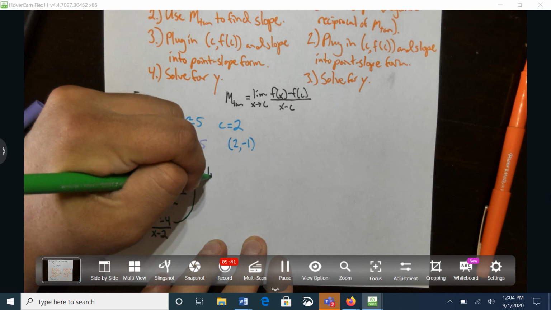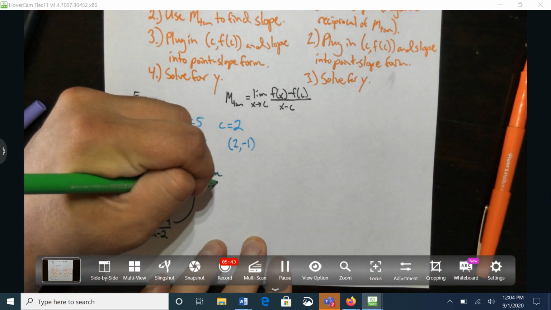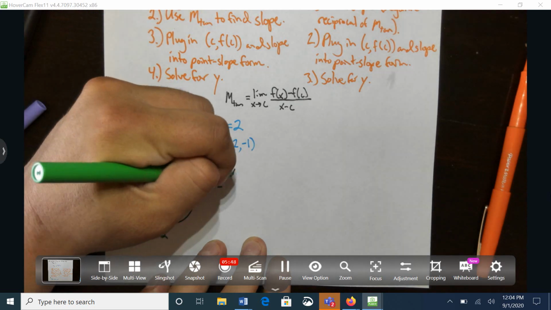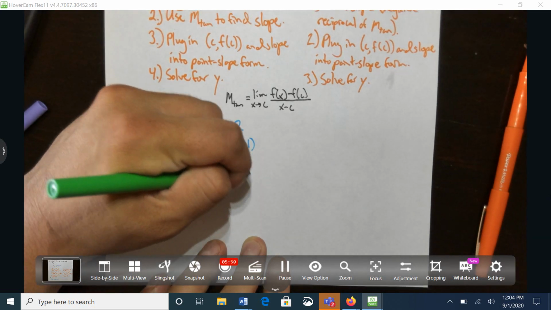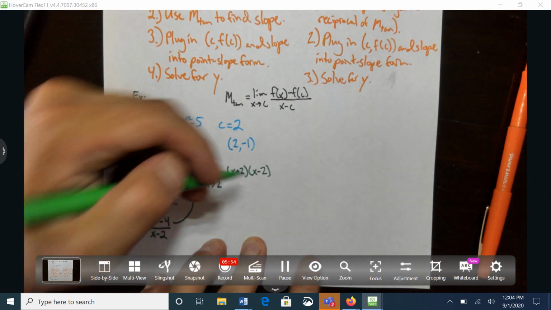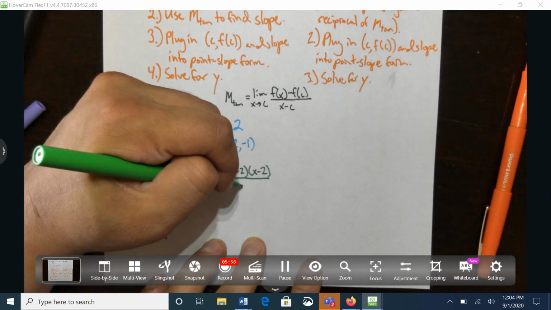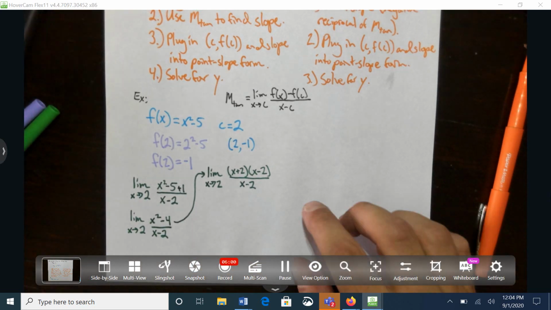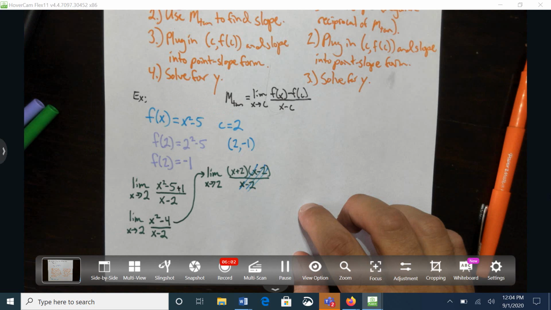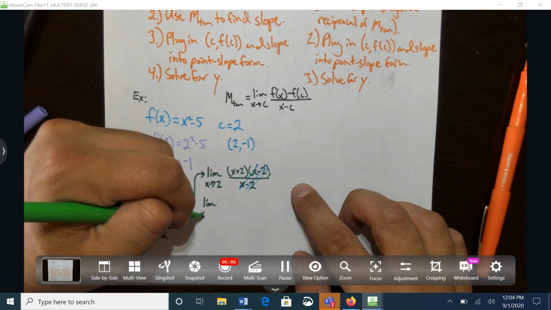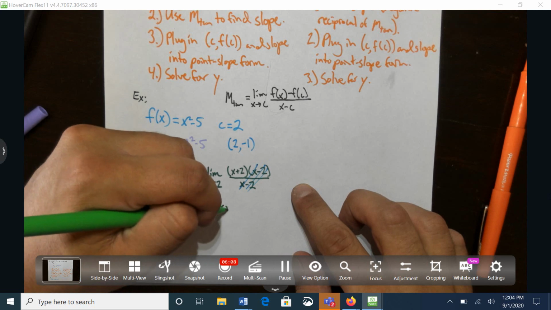So it'd be the limit as x approaches 2 of x plus 2, x minus 2, that would be the x squared minus 4 factored, all divided by x minus 2. And now, just like what we did last unit, this cancels out. So we're left with the limit as x approaches 2 of x plus 2.